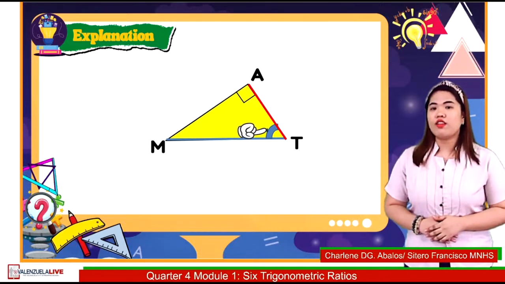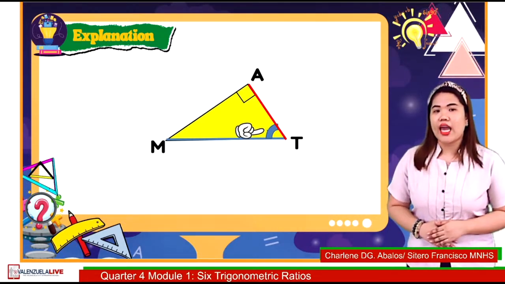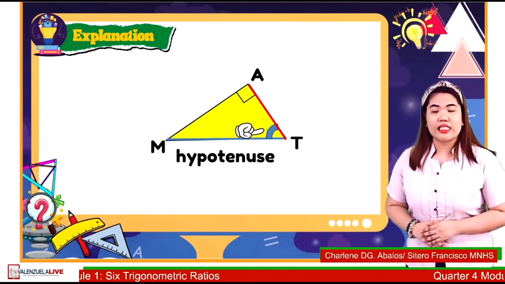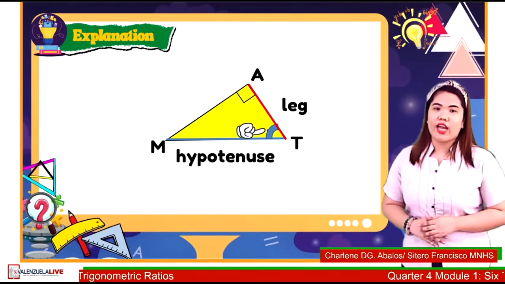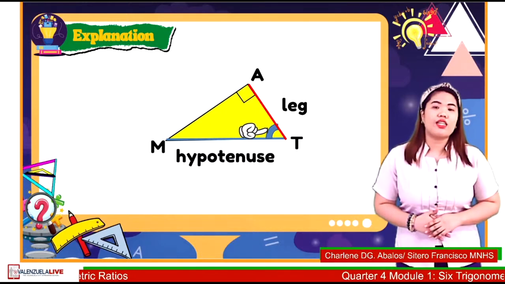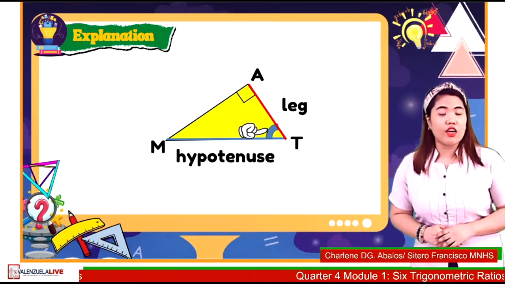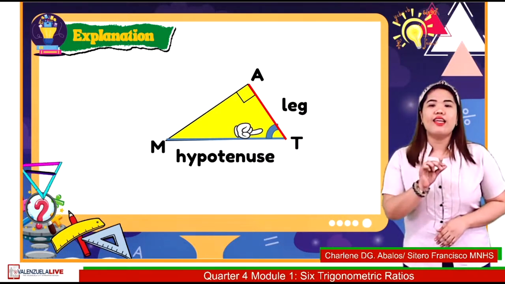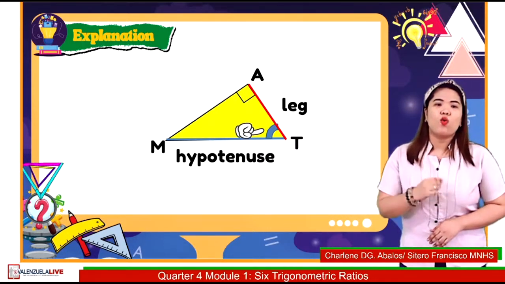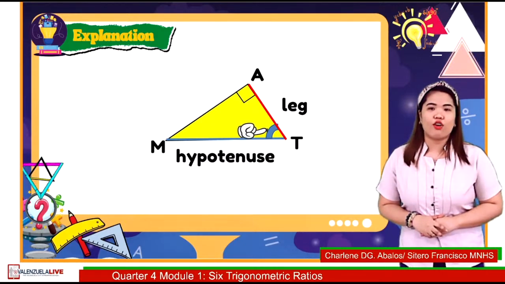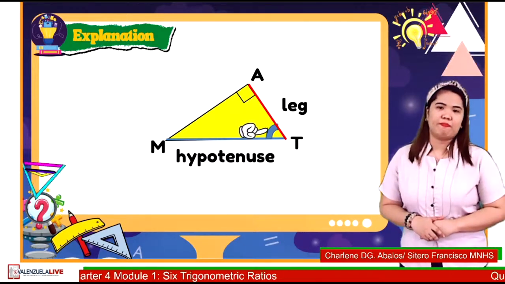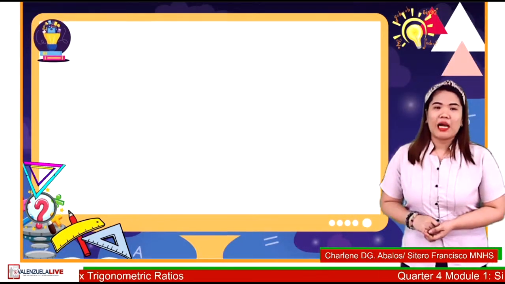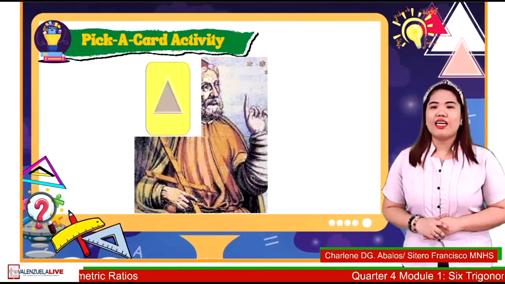As you observed, MT is a hypotenuse, while AT is the leg of the triangle, and considered as the non-hypotenuse side of the given triangle next to angle T. And this non-hypotenuse side is the adjacent side of angle T. Excellent. Here is the picture behind the yellow part.